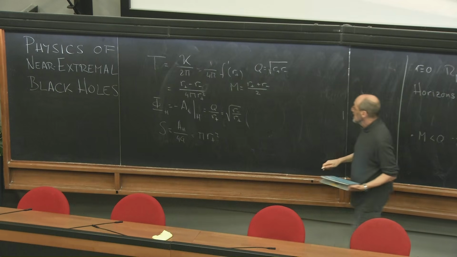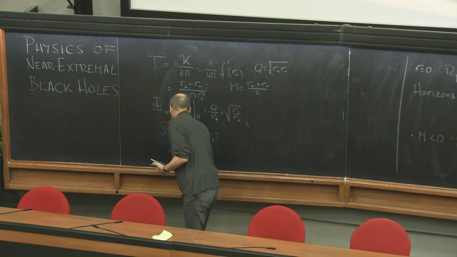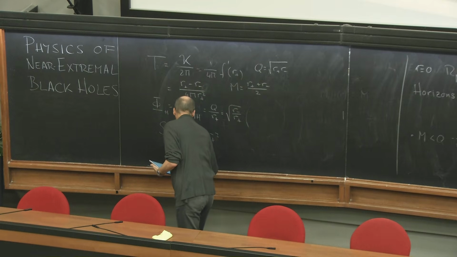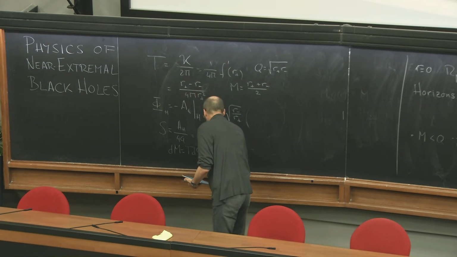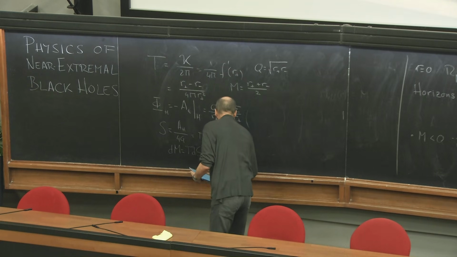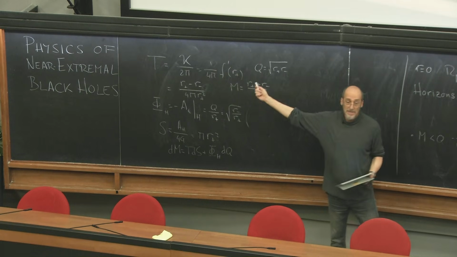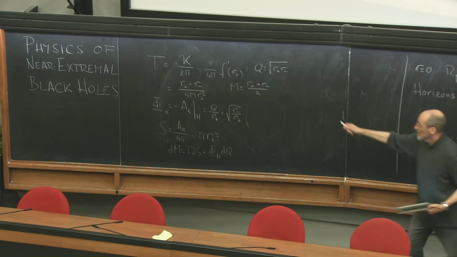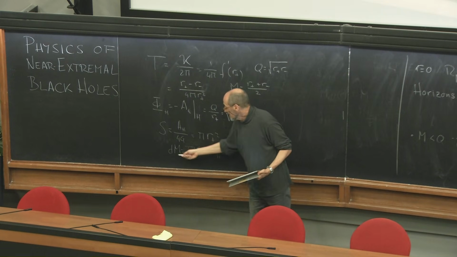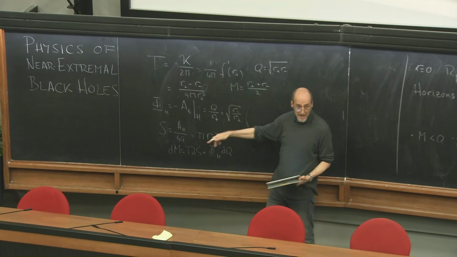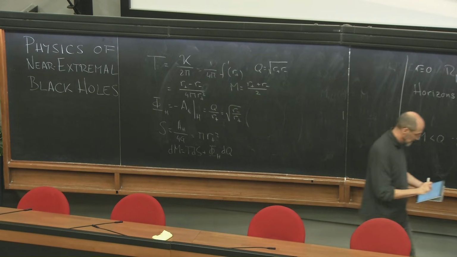You can verify that they satisfy the first law. Okay, so this is satisfied. The easiest way to do it is to take derivatives of these quantities, so you take these variations with respect to r plus and with respect to r minus, and then it follows easily. Okay.